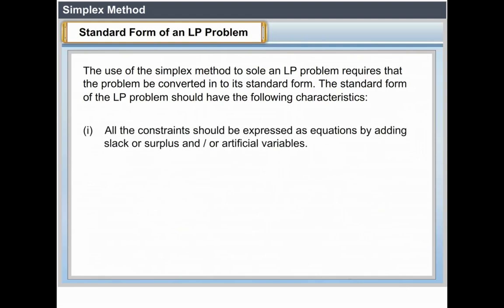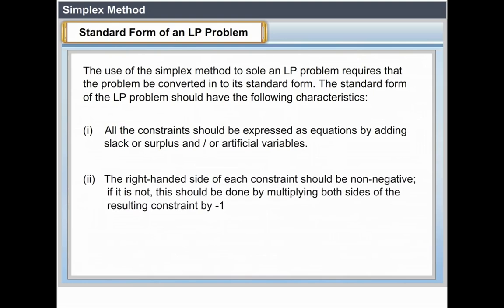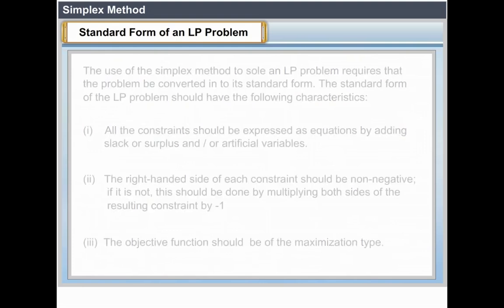All the constraints should be expressed as equations by adding slack, surplus and or artificial variables. Number 2. The right-hand side of each constraint should be non-negative. If it is not, this should be done by multiplying both sides of the resulting constraint by -1. Number 3. The objective function should be of the maximization type.